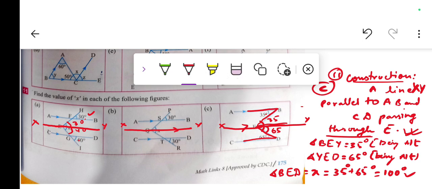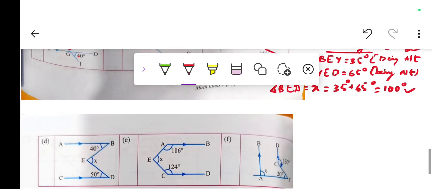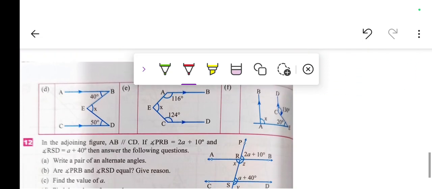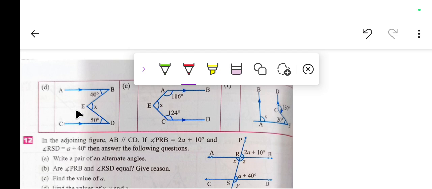Now moving down, same case over here in 11D. In 11D you also need to construct a line passing through E and parallel to AB and CD. Line construction is required which should pass through E and be parallel to AB and CD. But in this case, co-interior angles will be used.